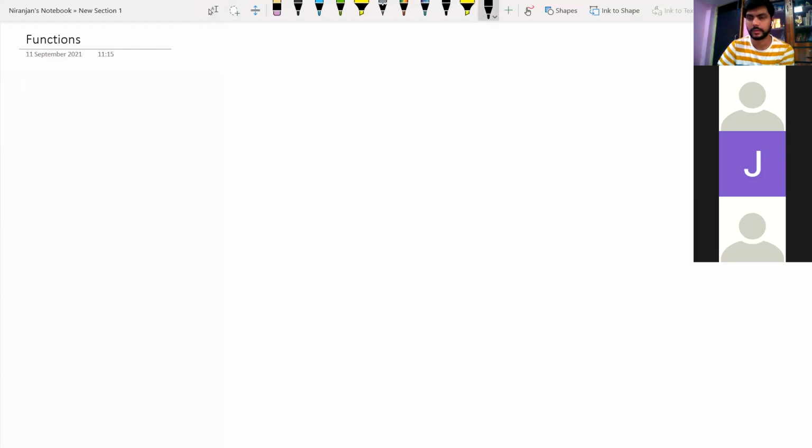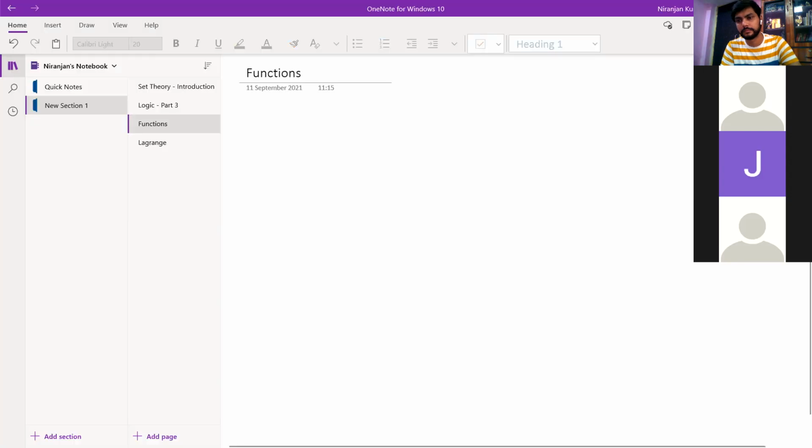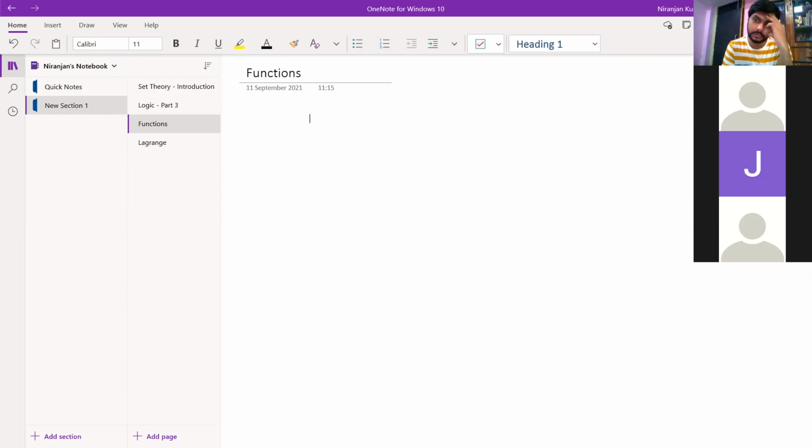So we can say a function is a relation between two sets. Okay. Two sets. Jharna, what exactly were you saying? That's what I said. It is a relation. It's a specific relation between two sets of numbers.